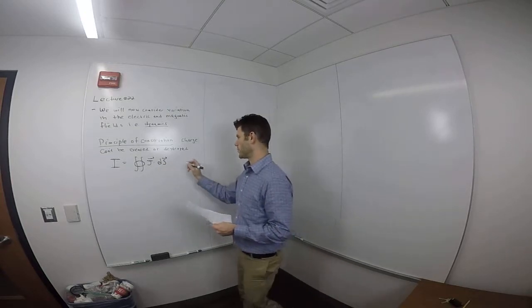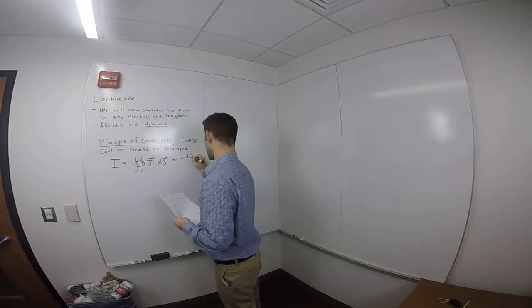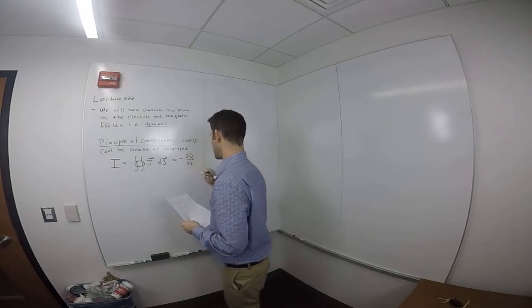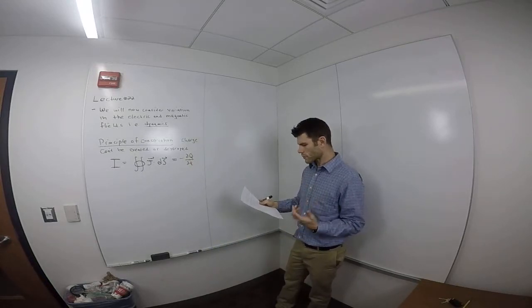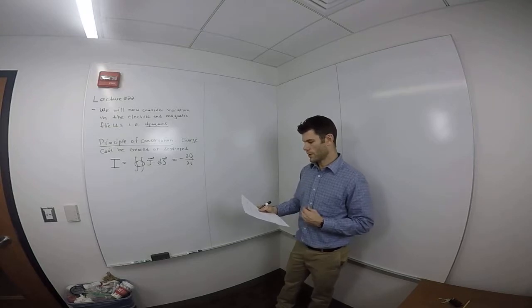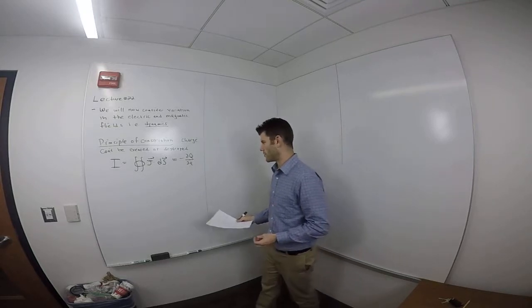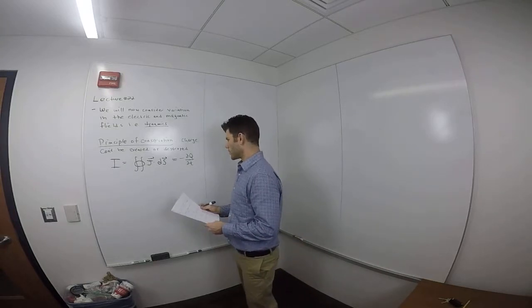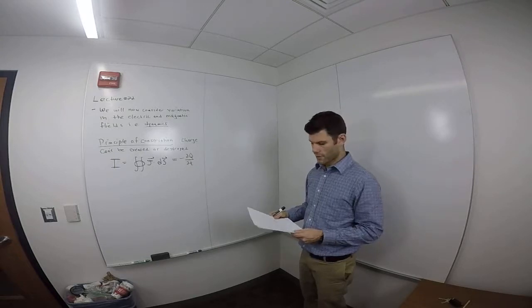And that is equal to negative dq dt, right? So that means that current is equal to the decrease of the contained charge, right? So the negative flow of charge, okay? So from this, we're going to try and derive the continuity equation, okay?